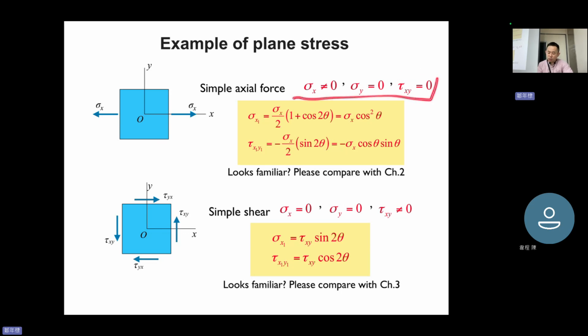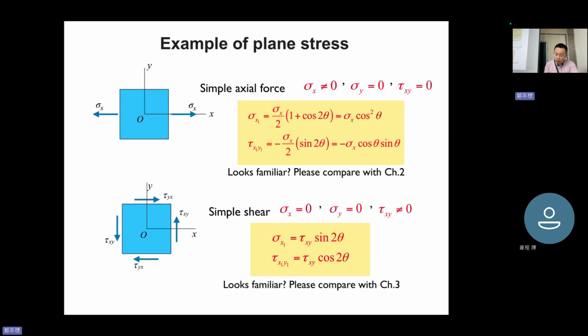If you substitute all this into the formula we just obtained, we find that sigma x1 equals this one, and tau x1y1 equals that one. Don't you think you saw this in chapter 2? So actually, chapter 2 is a special case of chapter 7.